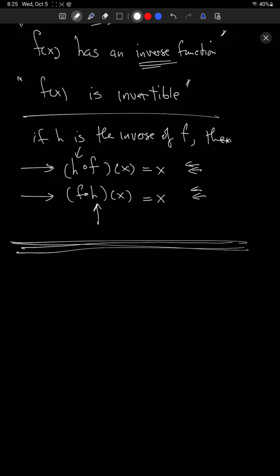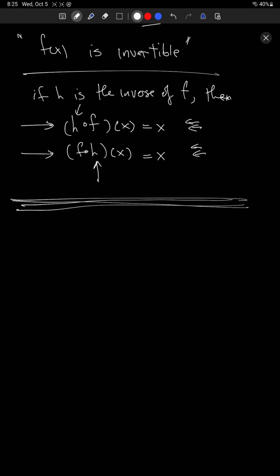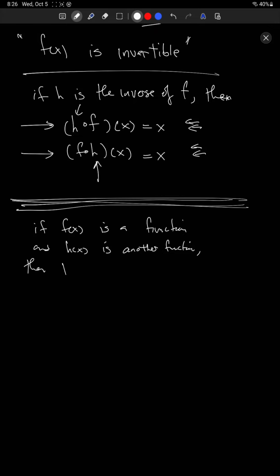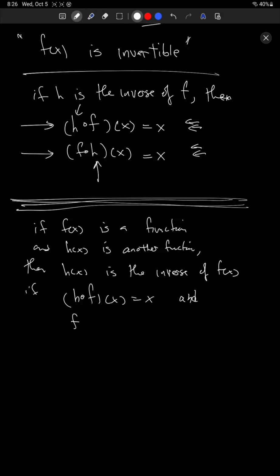All right. So let me write the official mathematical definition. If f of x is a function, and h of x is another function, then h is the inverse of f if exactly what we saw above: h after f of x is equal to x, and f after h of x is equal to x.